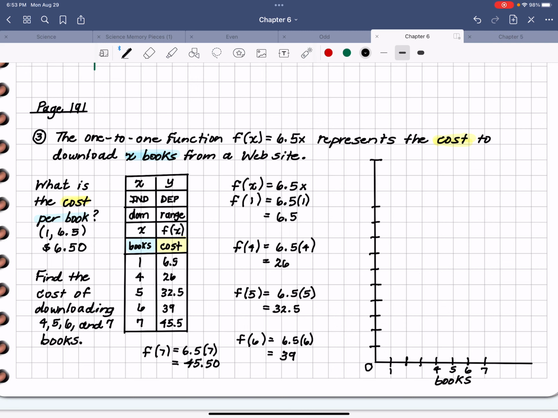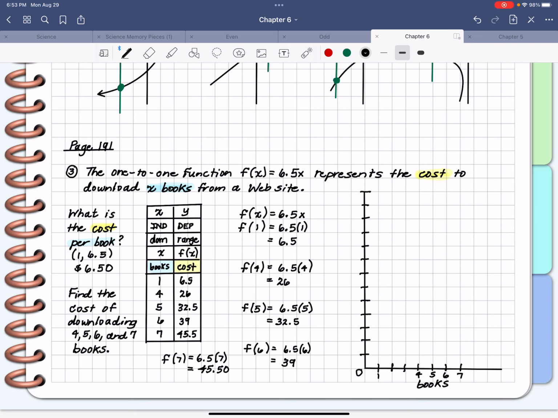And that was a stroke of luck, because this scale will end exactly where it needs to. So we have 3, 6, 9, 12, 15, 18, 21, 24, 27, 30, 33, 36, 39. And remember, this is the dependent variable of cost.